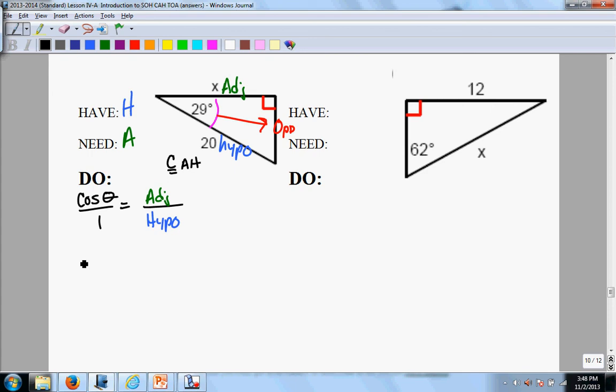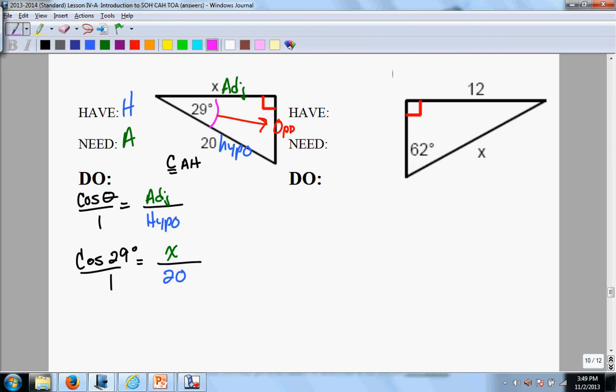Then you circle plug chug and you end up with cosine 29 degrees over 1 equals adjacent, which is x, over hypo, which is 20. You cross multiply again, isolate x, then get your calculator and solve.